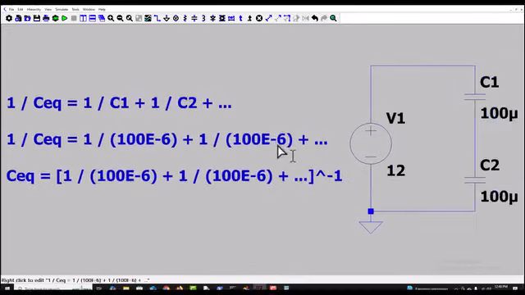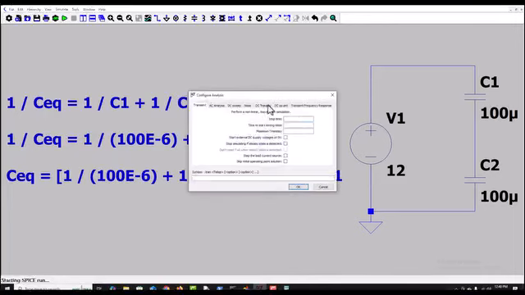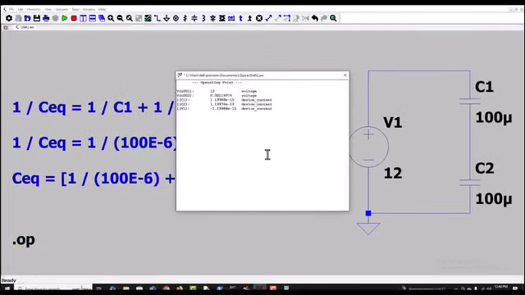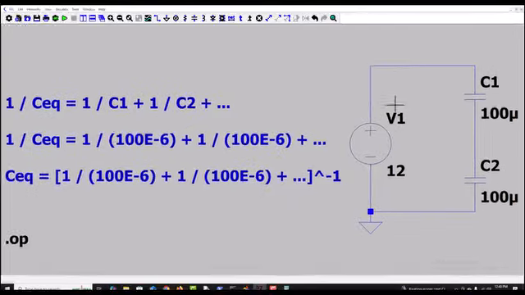Okay? All right. So equivalent capacitance is going to be, let's see if we can do a dot operating point. Okay. All right. So then 100 plus 100 in parallel is going to be 50 microfarads.